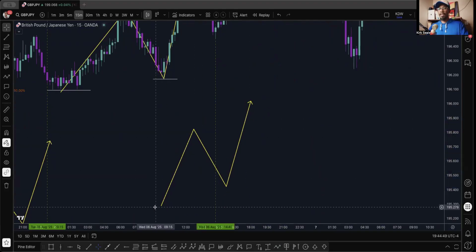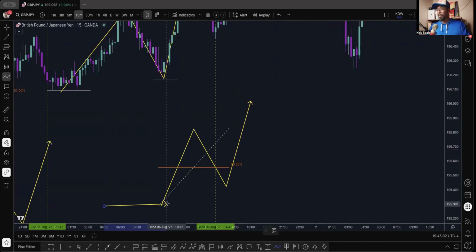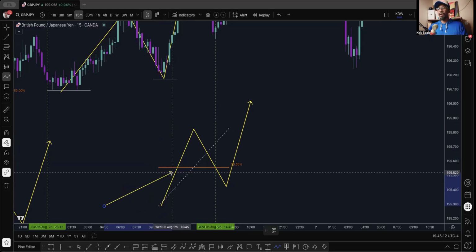Remember I said that this is A, B, C, D. We're paying attention to the length of A to B. What was the length of A to B? And then we are fast forwarding ahead to see where 50% of A to B would put us, and that would put us around here.